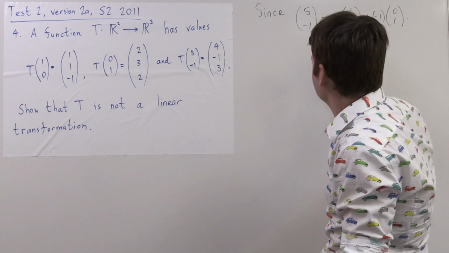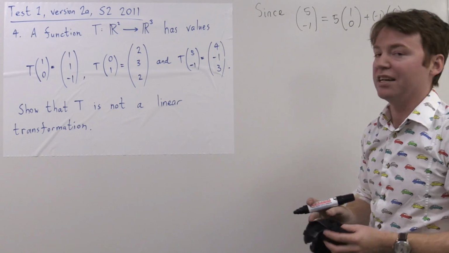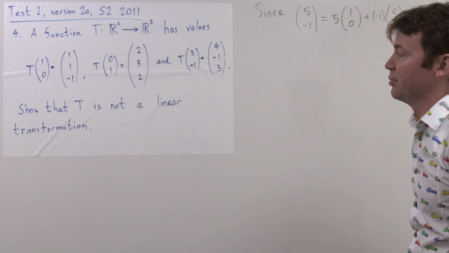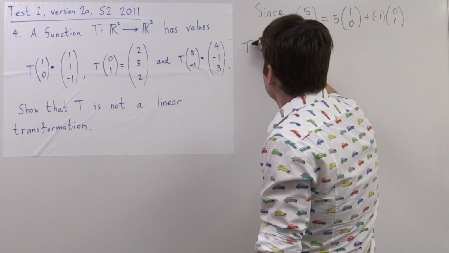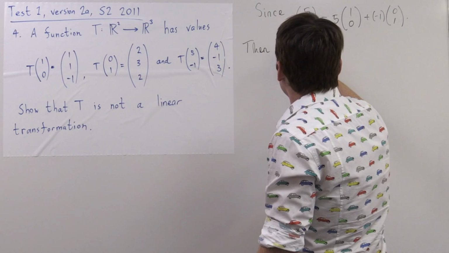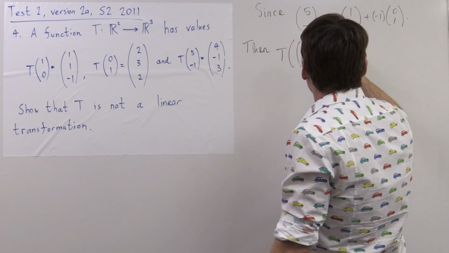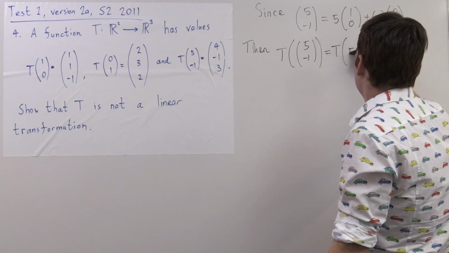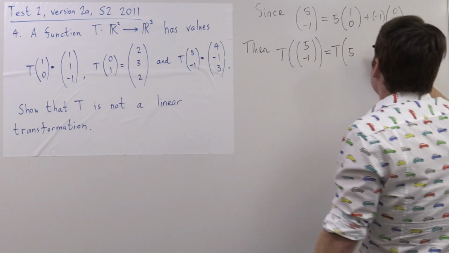You may have to work a little bit harder to obtain a relation like this, but they've been very kind to us in this case. The vector (5, -1) is just a linear combination of the other two. Then T of (5, -1) is T applied to whatever this stuff is, because it's the same input, so it should give us the same output.